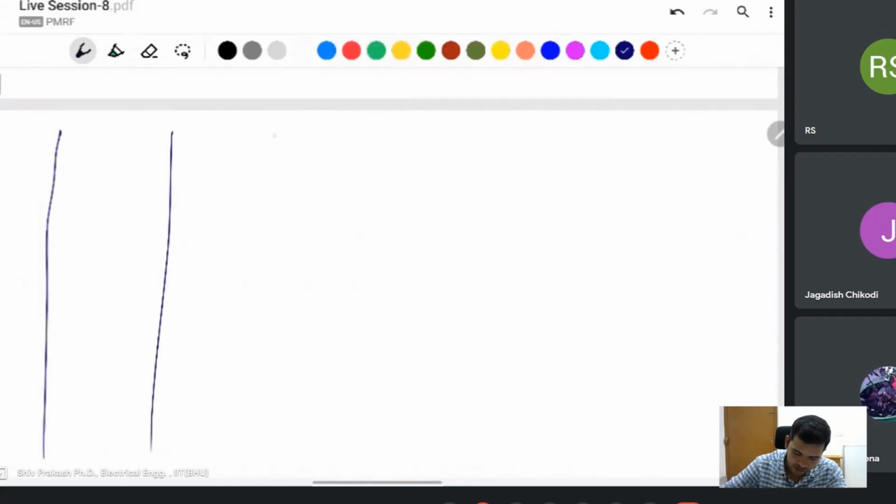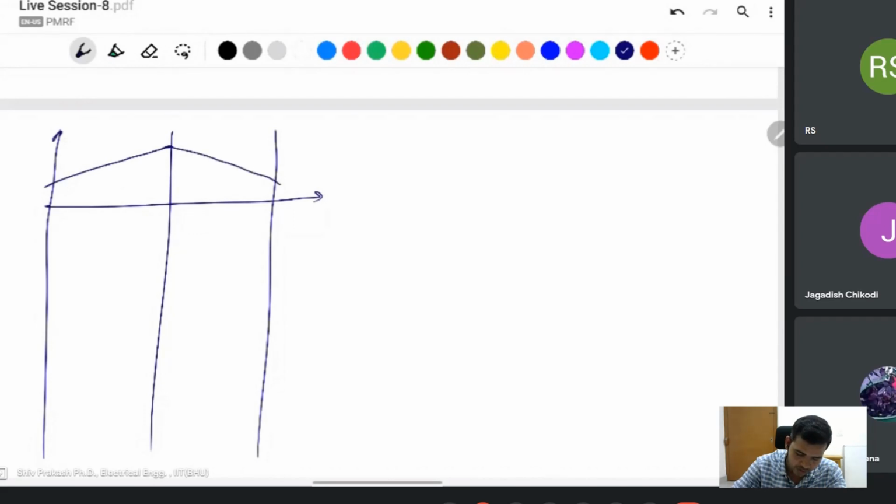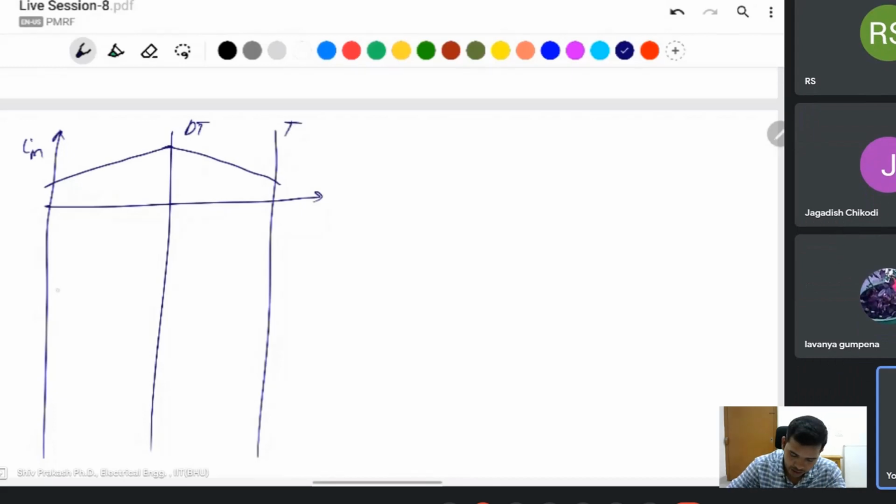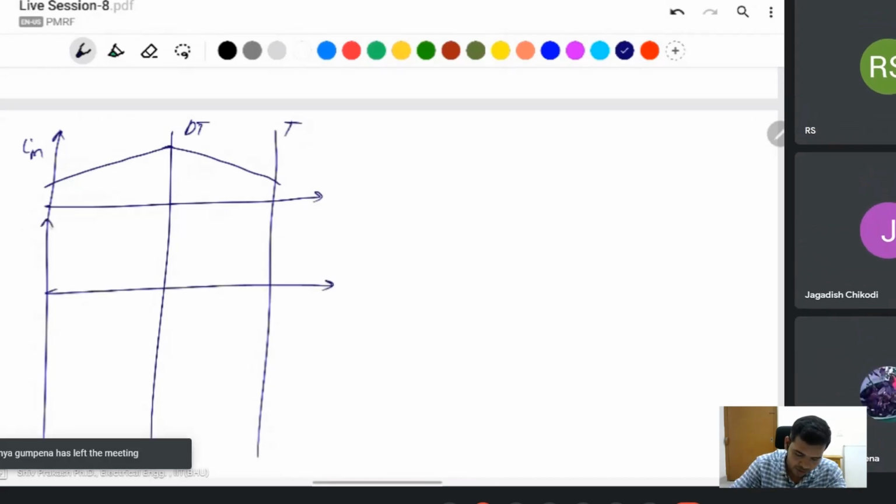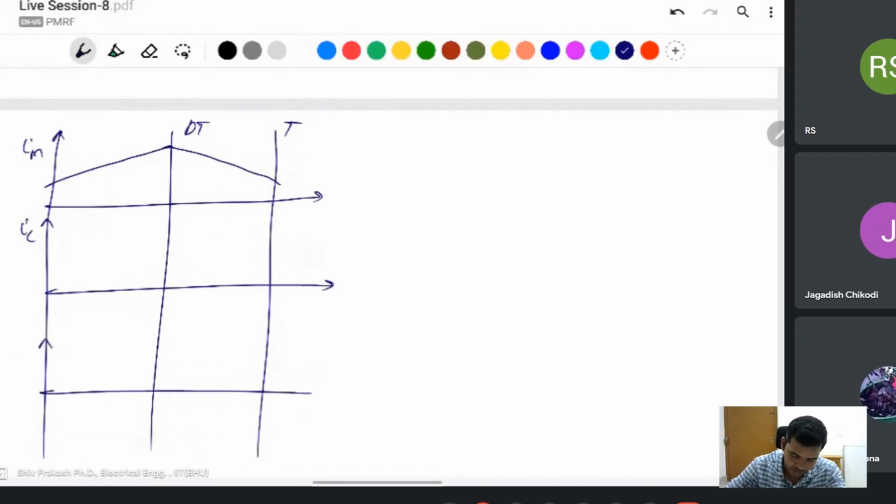Same thing, same graph you find, Im in continuous condition. Take the capacitor current in this condition: Im minus I naught, and this is Im into n minus I naught.